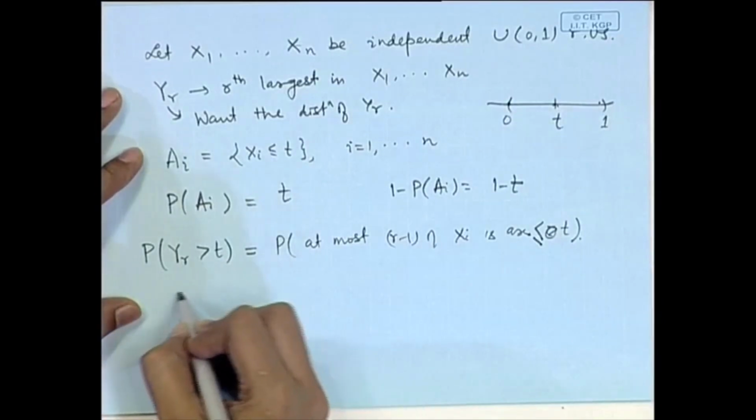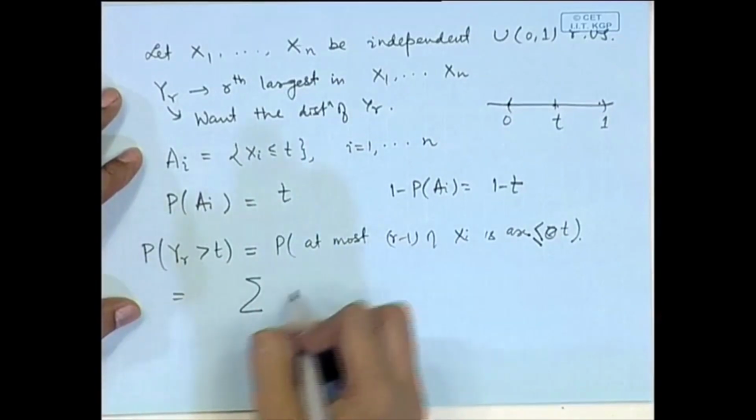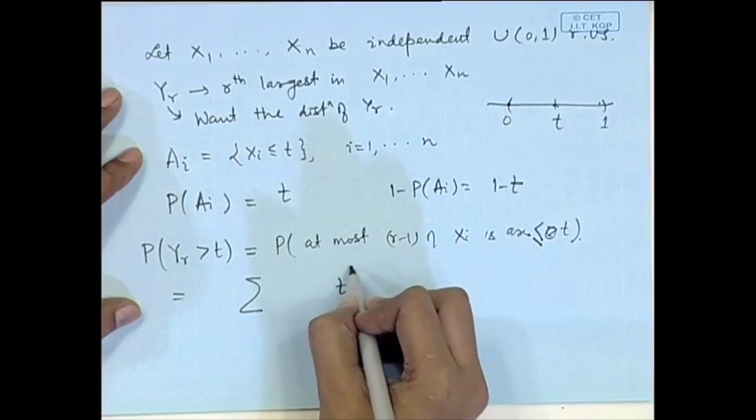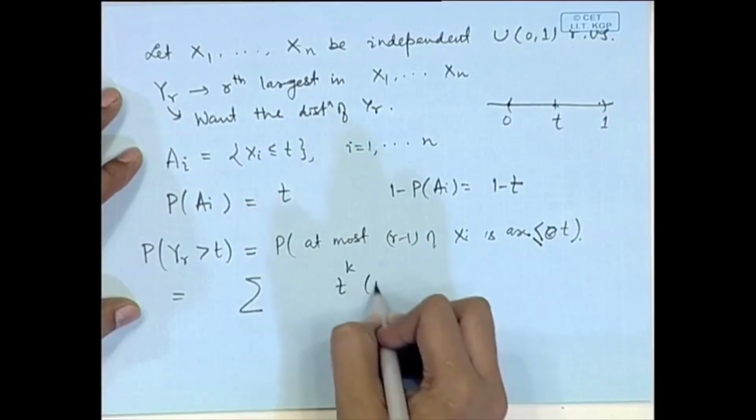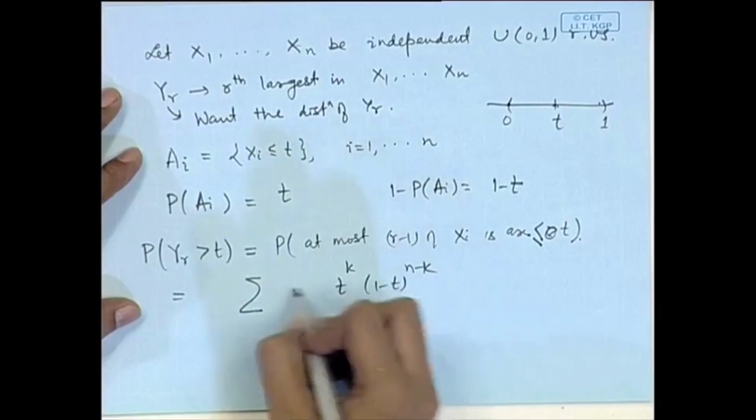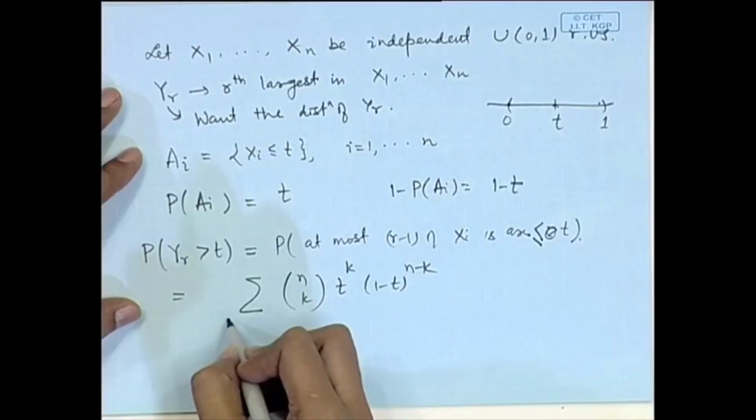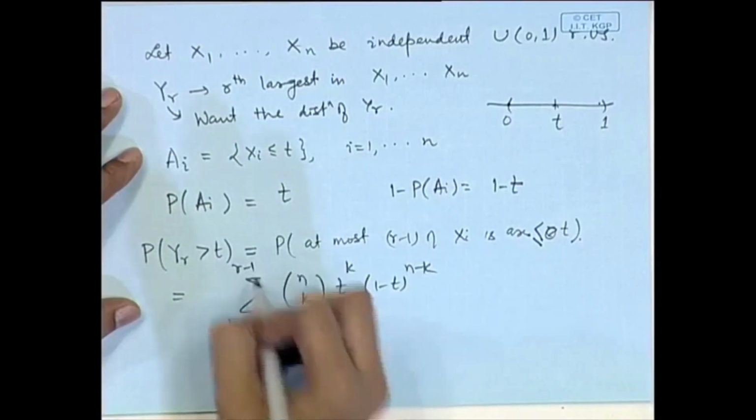So, this event is equivalent to the sum of n C k times t to the power k times (1 minus t) to the power n minus k, k equal to 0 to r minus 1.